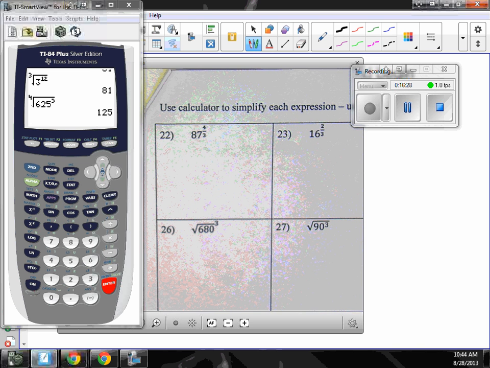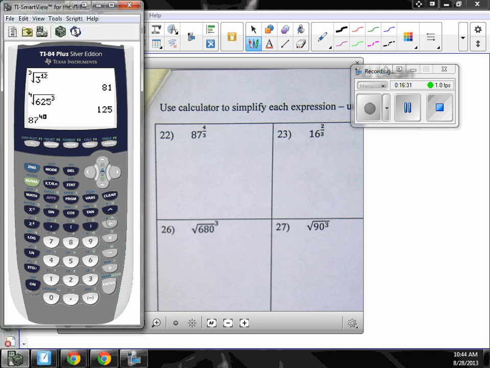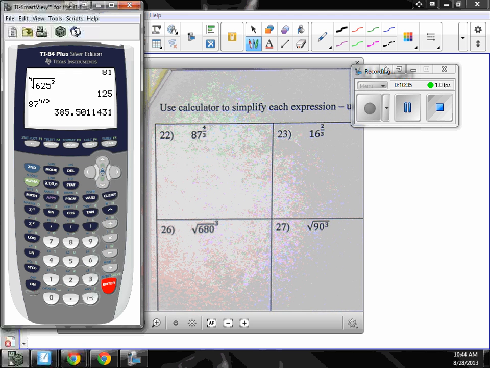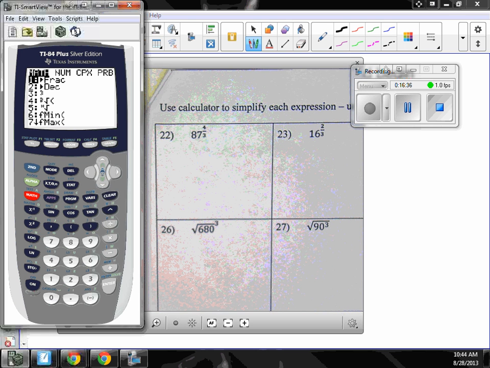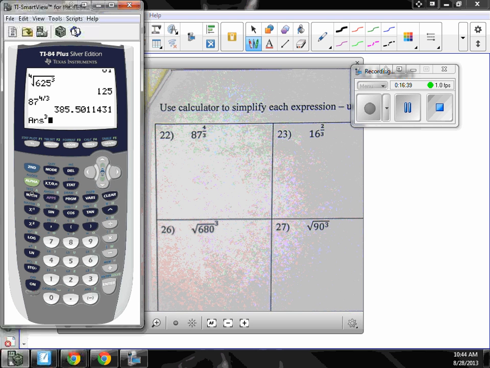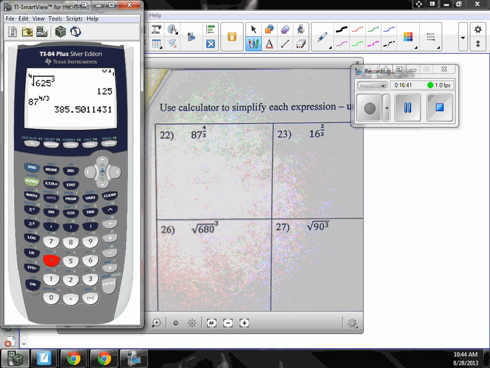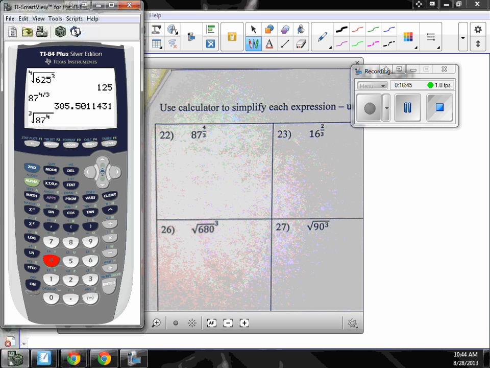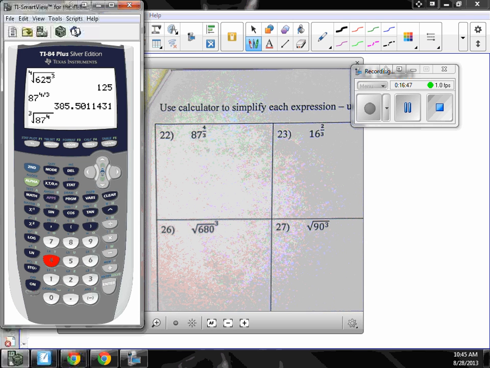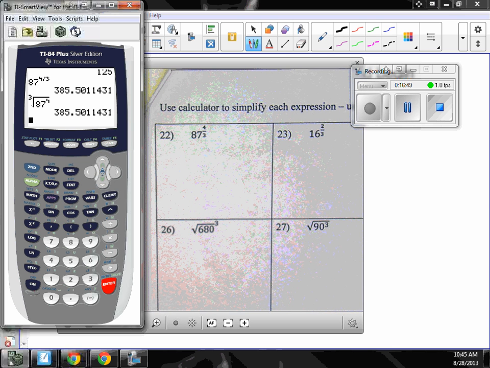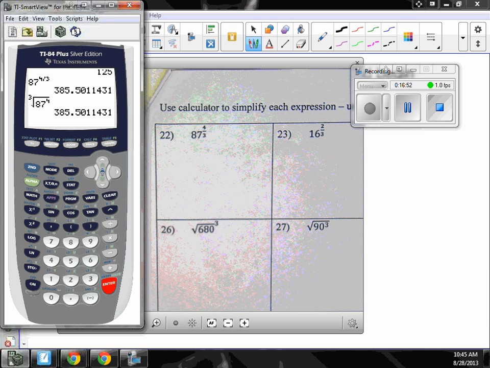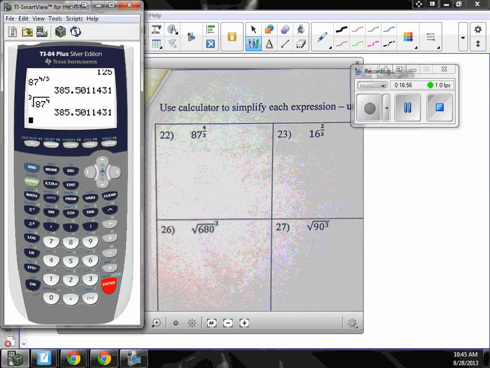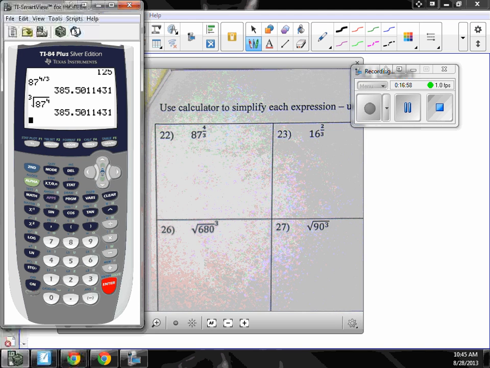I can either type in 87 raised to the 4/3, or I could do math third root, math third root of 87 to the 4th, and I get the same answer. So on that last page, you're just going to use a calculator because the answers are decimals. All right, both of those assignments are due tomorrow. Good luck.